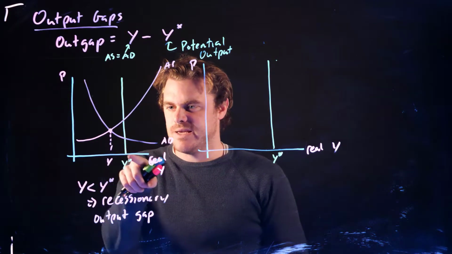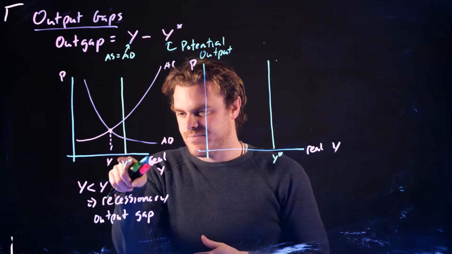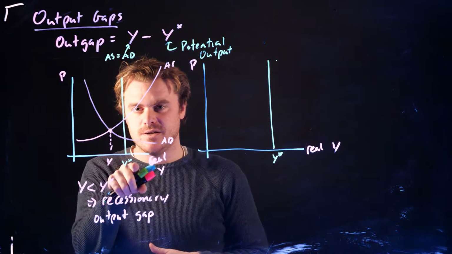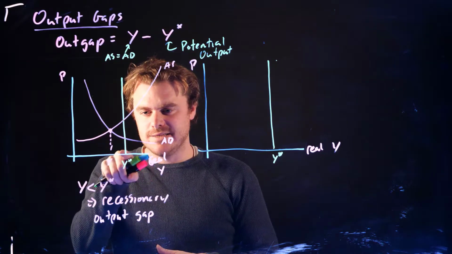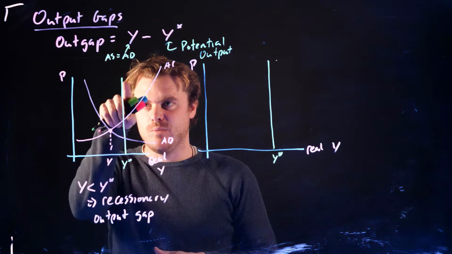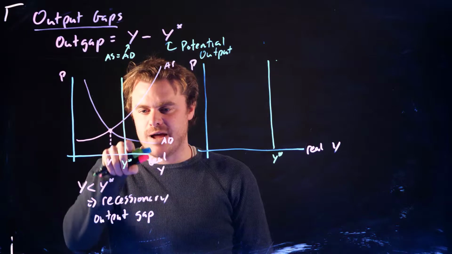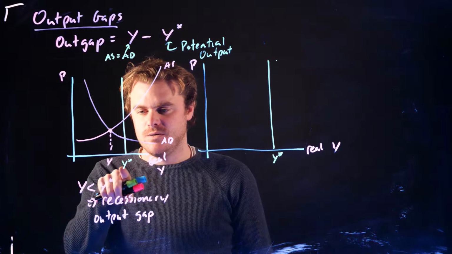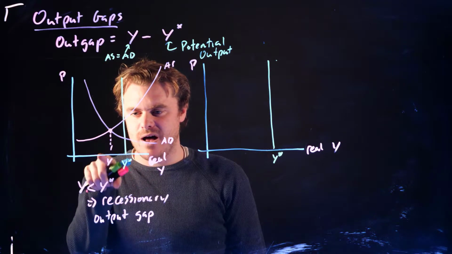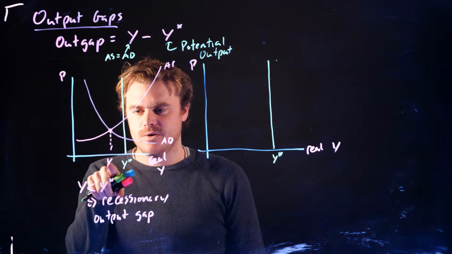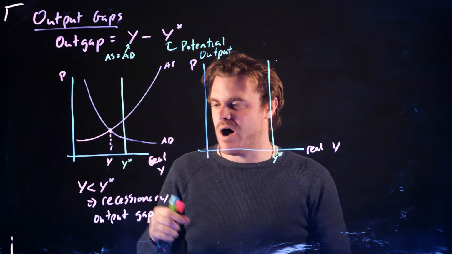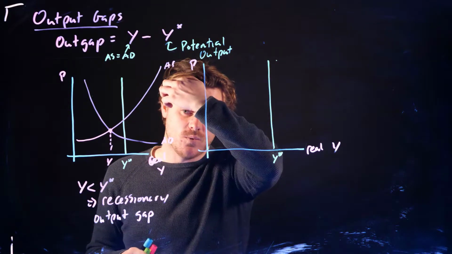If we're using our factor supplies at their normal rates at Y star, the unemployment rate is at its natural rate. At this Y, the economy is doing worse than that, so we're going to have higher unemployment. We call this a recessionary gap if Y is less than Y star.